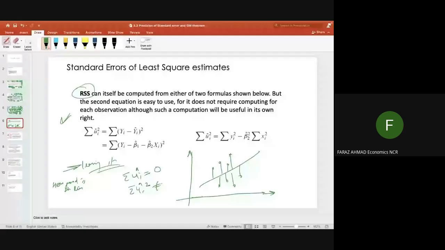And if you square these and then add them, the sum would not be zero, because they will be unidirectional then. They all will be plus only, nothing would be minus.